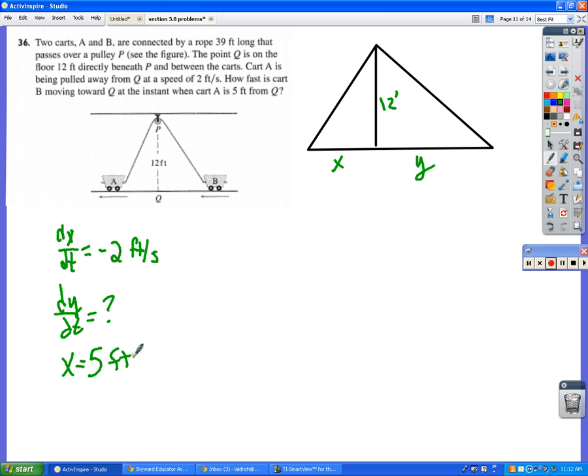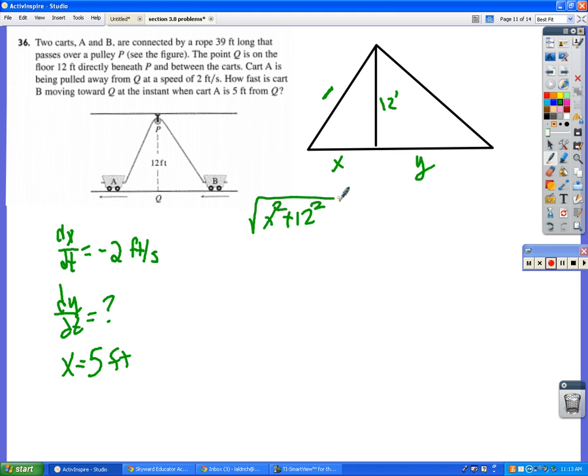So the fun part of this problem is that we're going to use the Pythagorean theorem, and we're going to do it twice. To find this piece of the rope, I would go square root of x squared plus 12 squared.